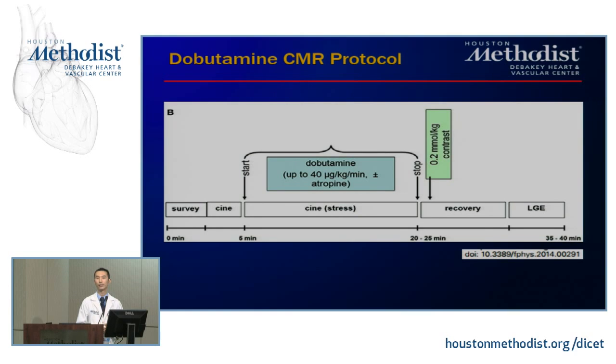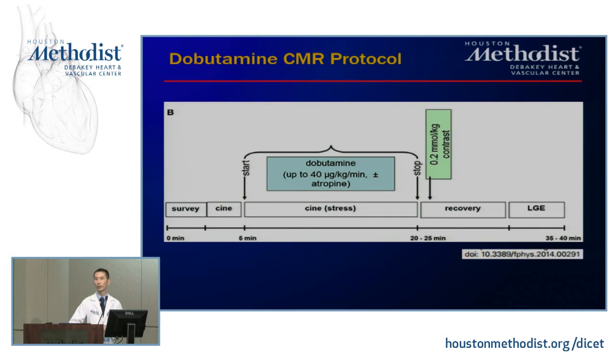There are at least quite a few studies that I'll show in a meta-analysis looking at this. What we basically do is we start off with our basic cine that you can see here, give them dobutamine and at different stages, same thing as echo, and then at the very end give them contrast and do the rest of it with recovery and late gadolinium enhancement.